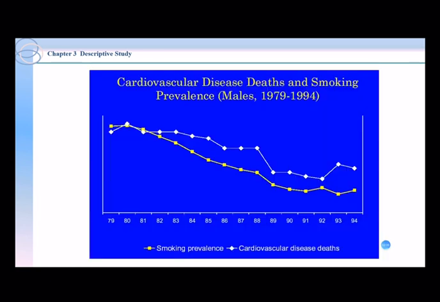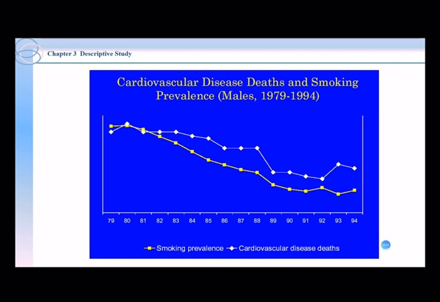And this figure shows the cardiovascular disease deaths and the potential relationship with smoking prevalence. The yellow lines with dots indicate the smoking prevalence, while the white lines indicate the cardiovascular disease deaths, and the x-axis indicates the years.